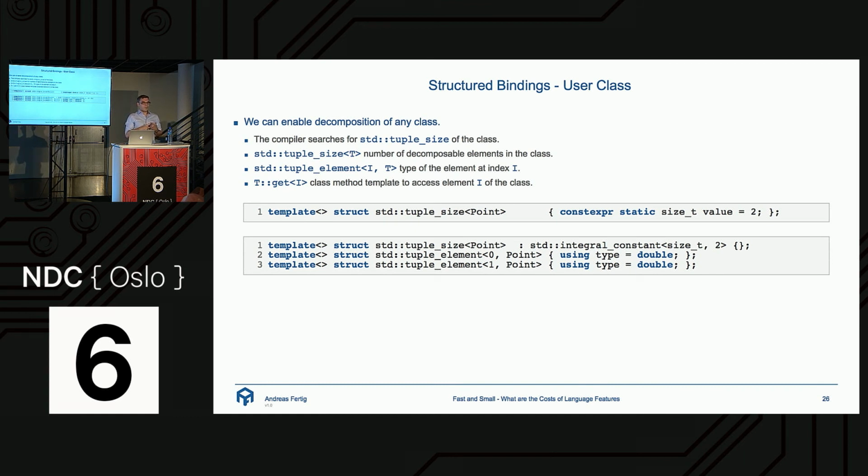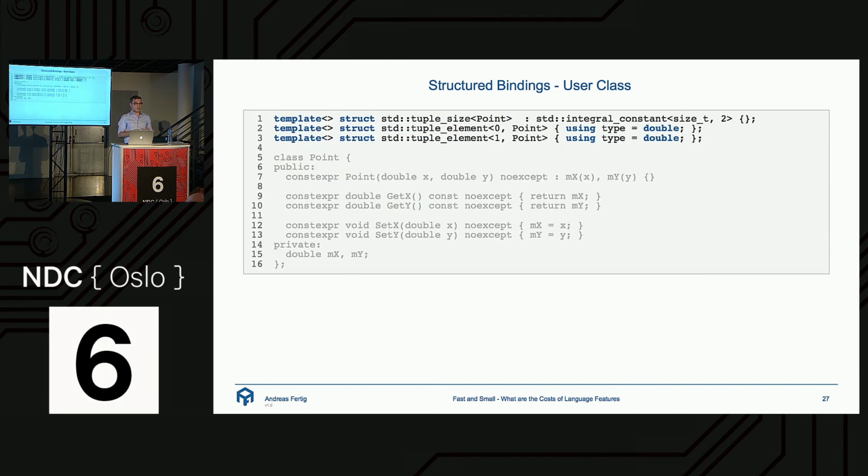So now we have the symbol which tells the compiler how many variables are in our class to be decomposed, and we need two more template functions, and the compiler uses them to get the type of each variable it tries to get out of our class. In our simple example, that's double for both cases.